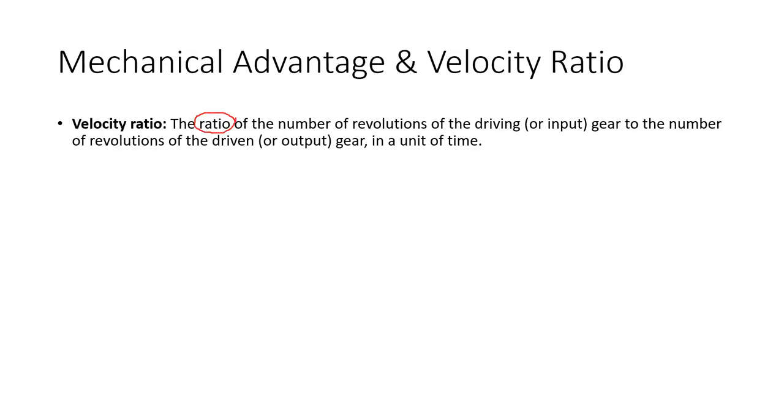It's a ratio between the two gears, based on the number of revolutions of the driving and driven, or input and output, in a unit of time. There are a few things about this definition I want you to keep in mind. The number of revolutions is based on a few things. It can be based on the radii of the gears, what the radius of each gear is.